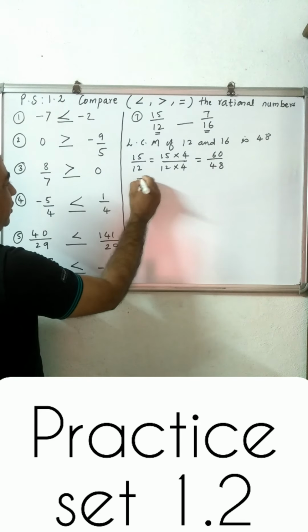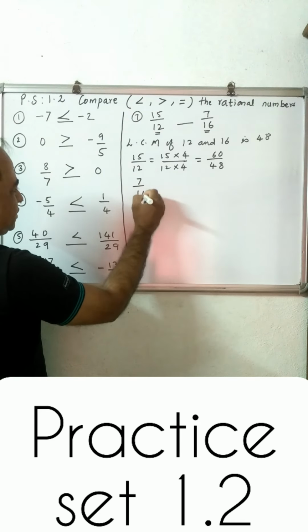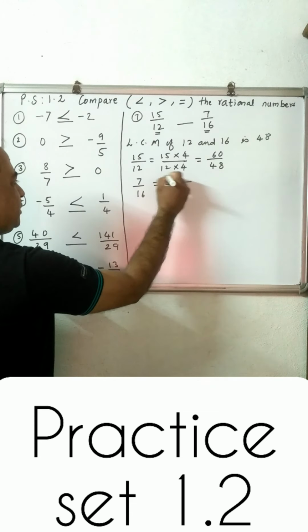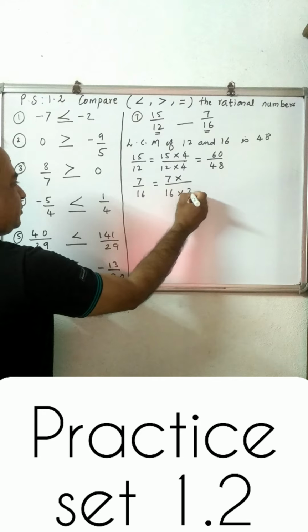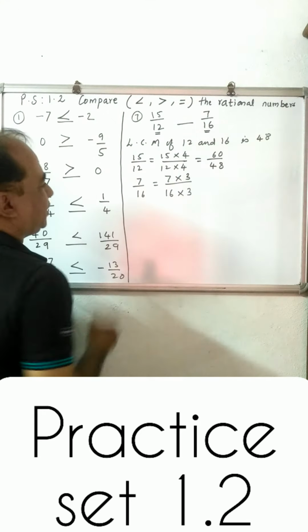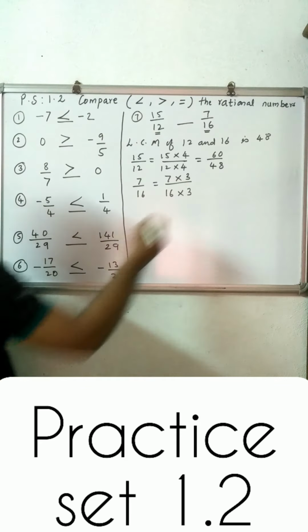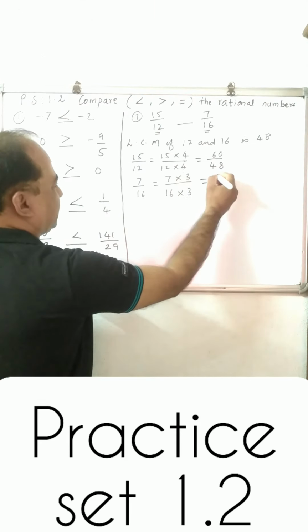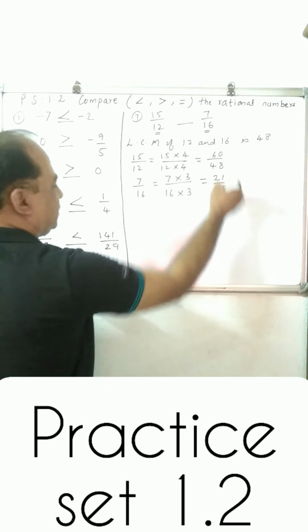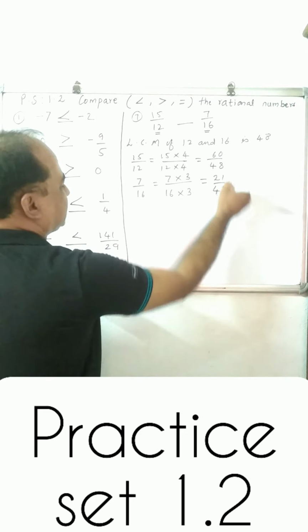Similarly 7 upon 16, this 16 we multiply by 3, and in the same way we have to multiply 7 by 3. So 7 threes are 21 and 16 threes are 48. Now here the denominators are same.